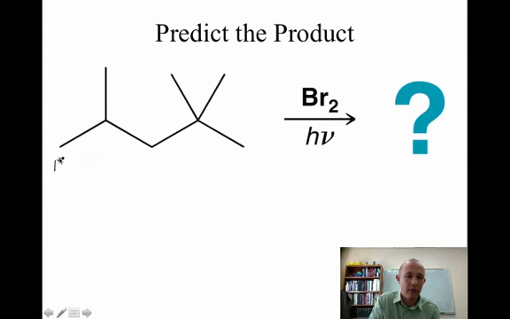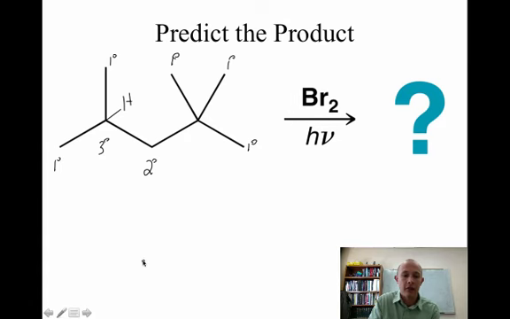You have primary, tertiary, secondary, there's no hydrogens here, and that's primary. So we only have one tertiary CH bond. Bromine is much, much, much more selective for tertiary than any other kind of CH bond.